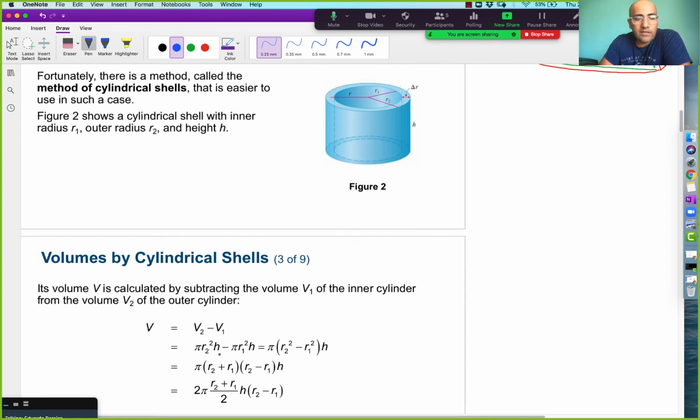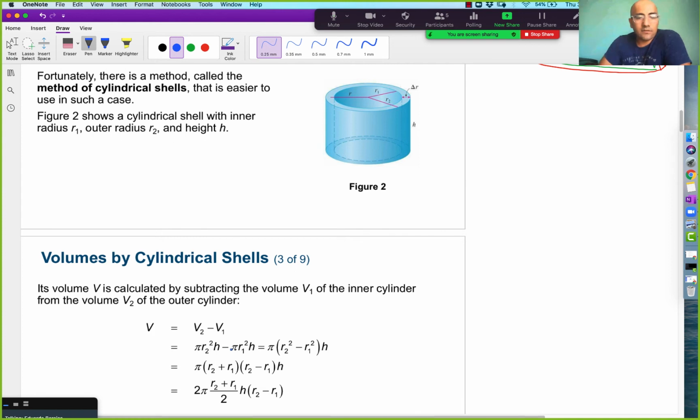This little formula tells you the volume of the entire cylinder if it was solid with no hole in the middle. Now the empty space in the center, we just think of as a cylinder that goes from the center out to r sub 1. It's going to be a little bit less than r sub 2.